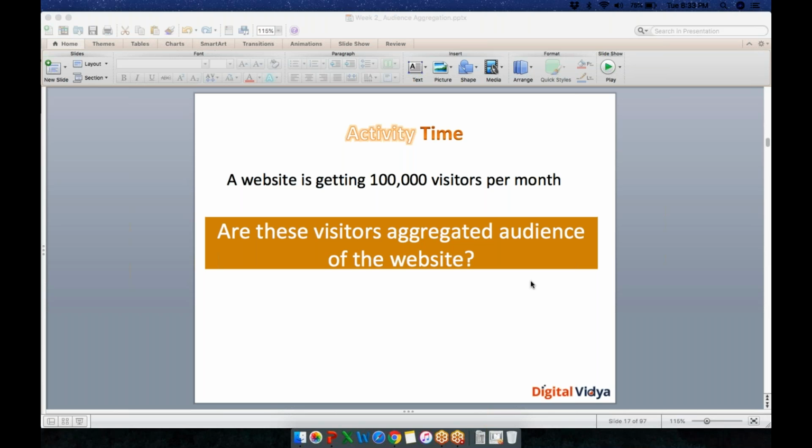The straightforward answer is no. If somebody is a subscriber, he is not a visitor, right? He's basically a subscriber who's coming back to the website. Okay, explain your confusion, Amit.